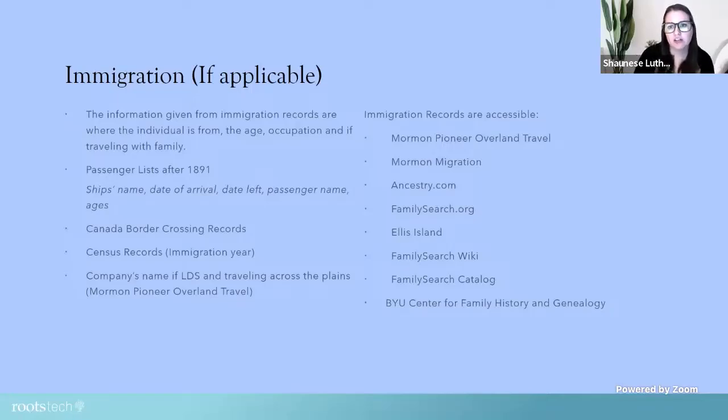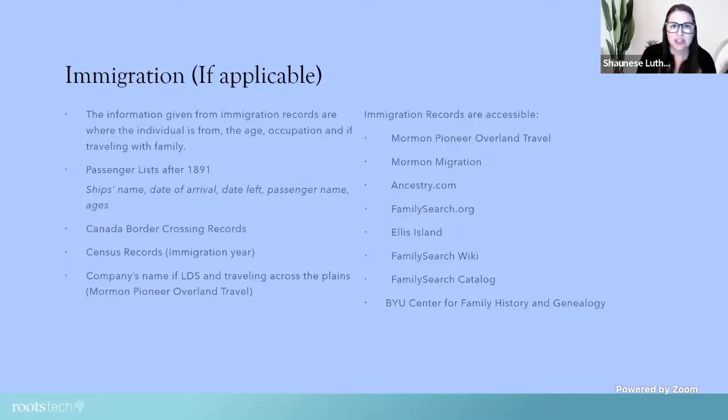So immigration records can be accessible on Mormon Pioneer Overland Travel, Mormon Migration, Ancestry.com, FamilySearch.org, Ellis Island, Family Search Wiki, Family Search Catalog, and the BYU Center for Family History and Genealogy. That's also a good place to look at for immigration.